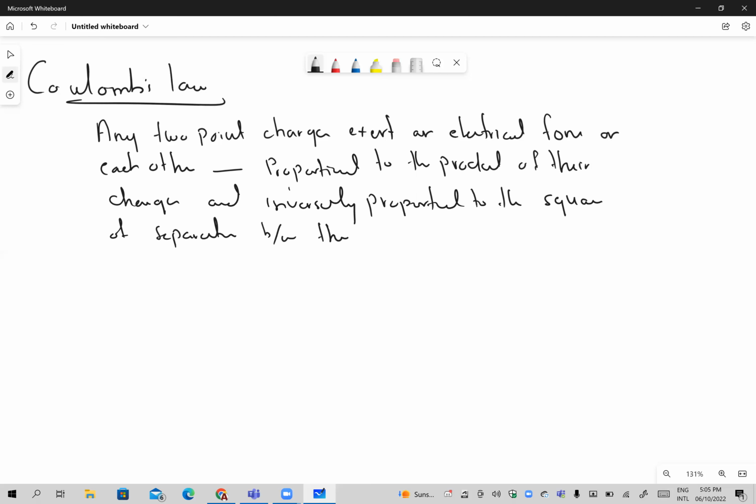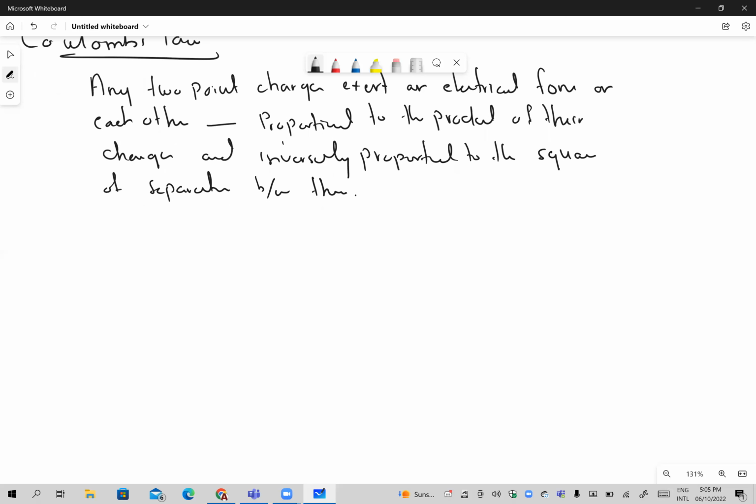I hope you can draw some parallels between gravitation, Newton's law of gravitation, and Coulomb's law. F is directly proportional to Q1 Q2, the product of the charges, and it's inversely proportional to the square of the separation, r square. K is supposed to be a constant.